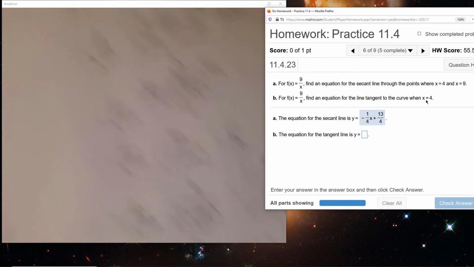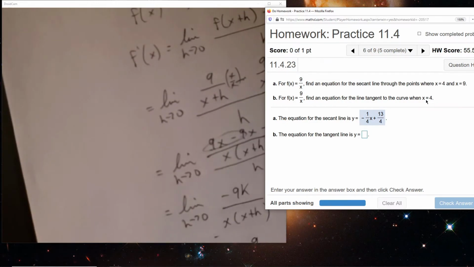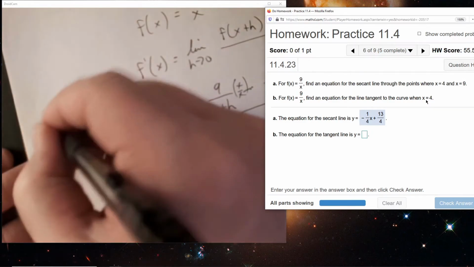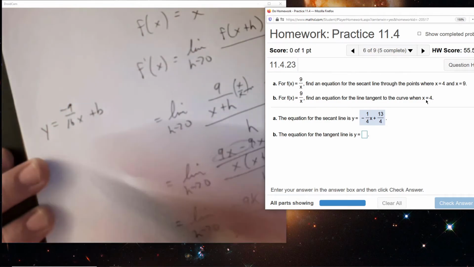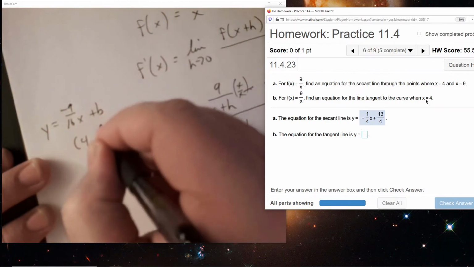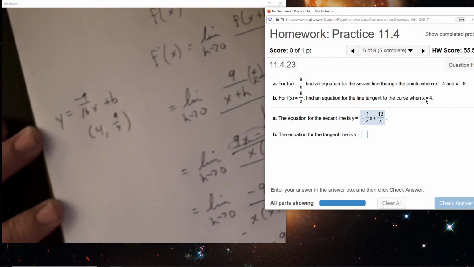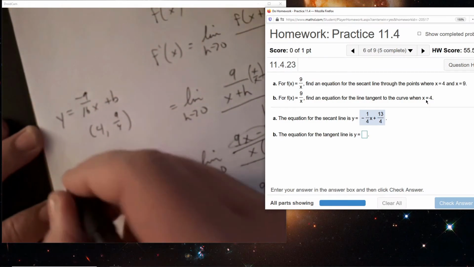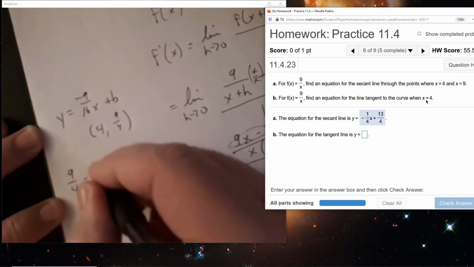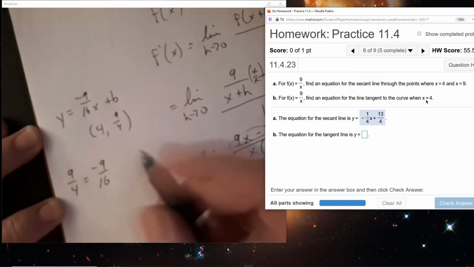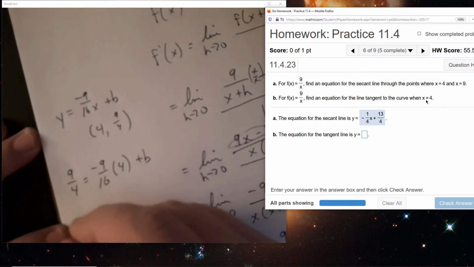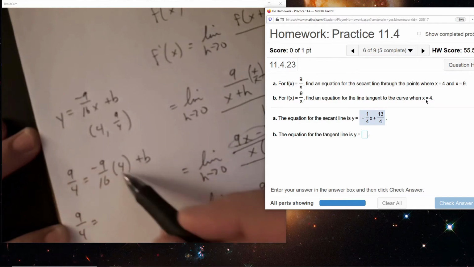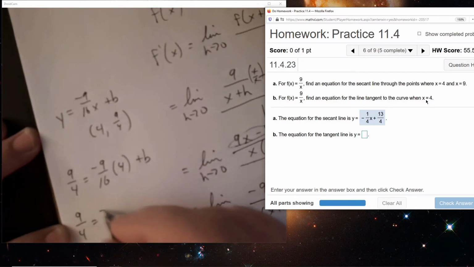Let me just write this all down again. And we have the ordered pair 4, 9/4. And we're going to figure out what B is. So when y is 9/4, x is 4. Now 4 and 16, so that 4 will cancel out to get us a 9/4 there.